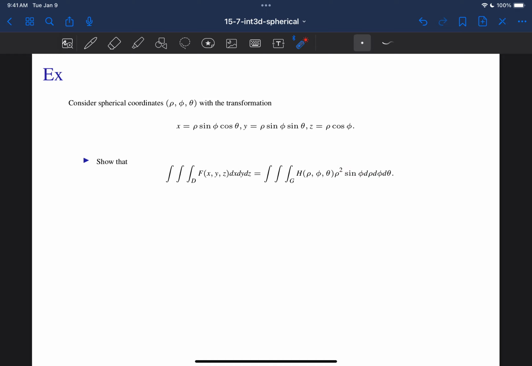Rho squared sine phi is given here because our previous calculation gives the Jacobian as this term. And here, let me write h here.